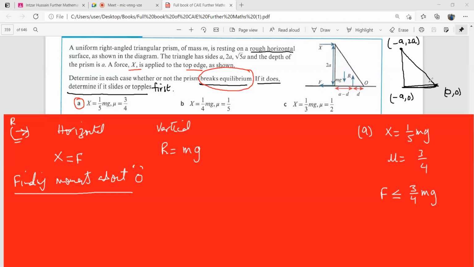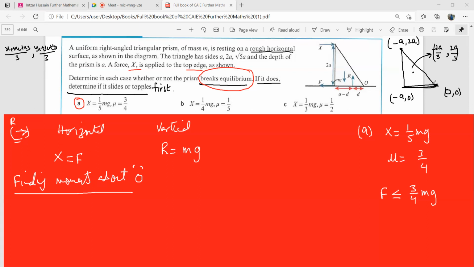Now the center of mass would be somewhere over here. Remember, it is x1 plus x2 plus x3 over 3, comma y1 plus y2 plus y3 over 3, in the case of a triangular lamina. So we have 0 minus a minus a, which is going to be minus 2a over 3 from this O. And then this is going to be 2a over 3 as well.